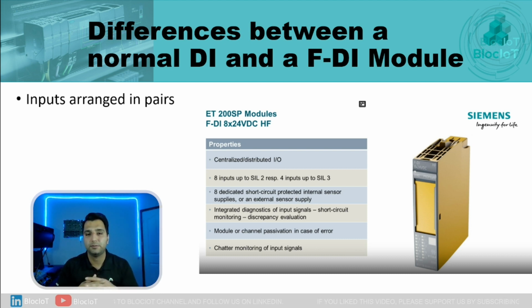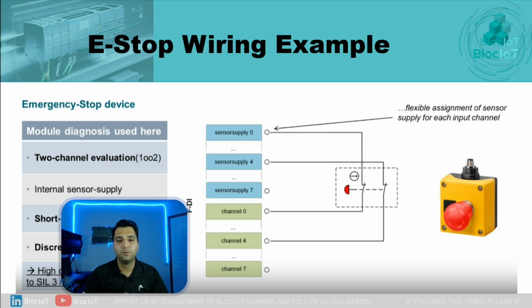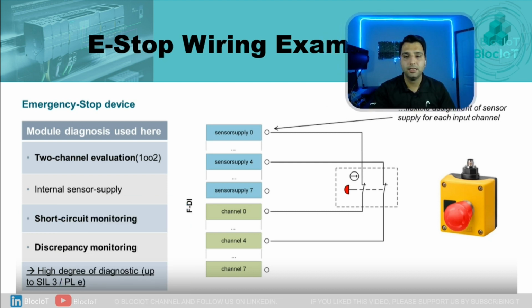So after understanding the main differences between the FCPU and the normal CPU, let's see what are the main differences between the inputs and outputs in the safety system or safety integrated controller. Let's see one example. As I mentioned, e-stop or emergency stop is one of the common use cases for a safety system. When you use a safety or FDI, failsafe digital input card, you will have a pair of inputs to be wired to an emergency stop button, for example.